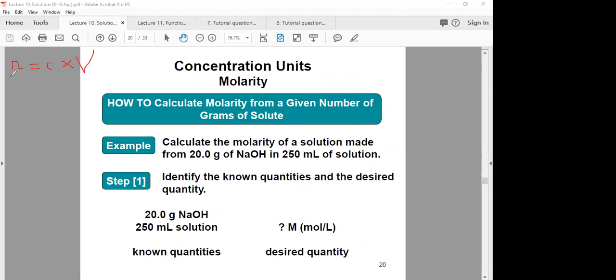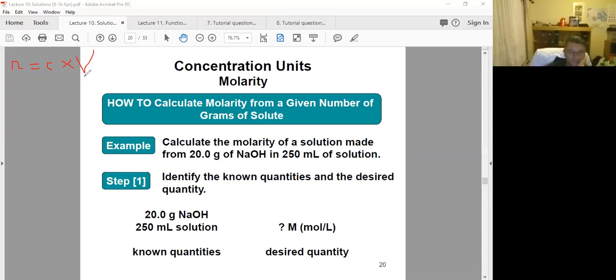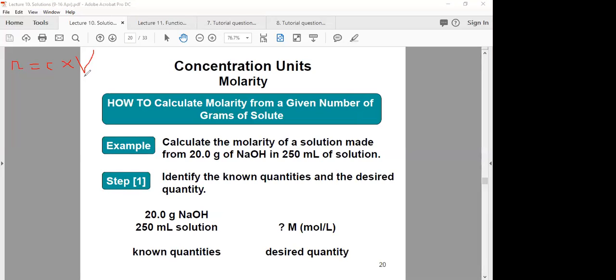What does the N stand for? Number of moles, correct? So that's amount or number of moles. What does the V stand for? Volume. Volume in? Litres, yes, it must be in litres to make this formula work. And what about this C? Concentration, correct, using the units of? Molarity, yes, so moles per litre.